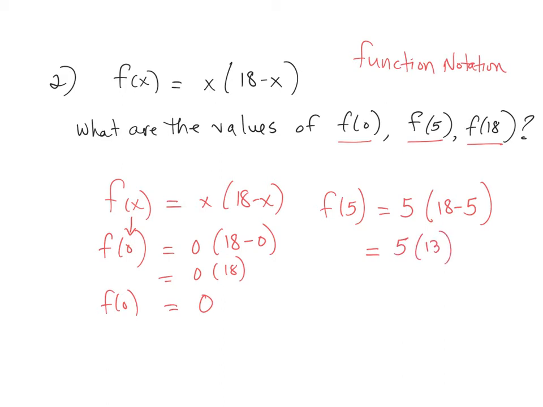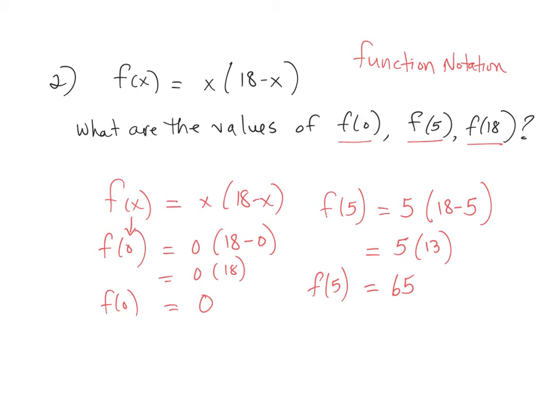And then we would have to multiply 5 times 13. Now, unfortunately, because this is question number 2, you do not get a calculator for this. So you'll have to multiply it out by hand. And when you do that, 13 times 5 is 65. So f of 5 equals 65.